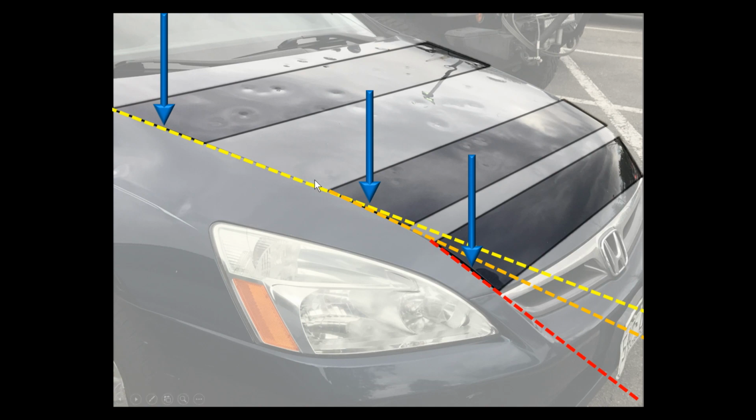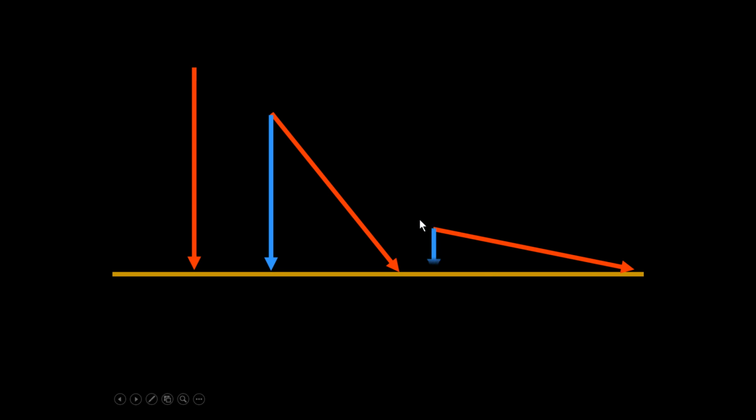We can think of it in terms of vectors. If this is the momentum of the object coming in, and this has the same momentum but at a little bit different angle, we'd have to find the component of the momentum that was perpendicular to the surface. And if it hits at a very big angle, there's only a tiny component that is into that surface.